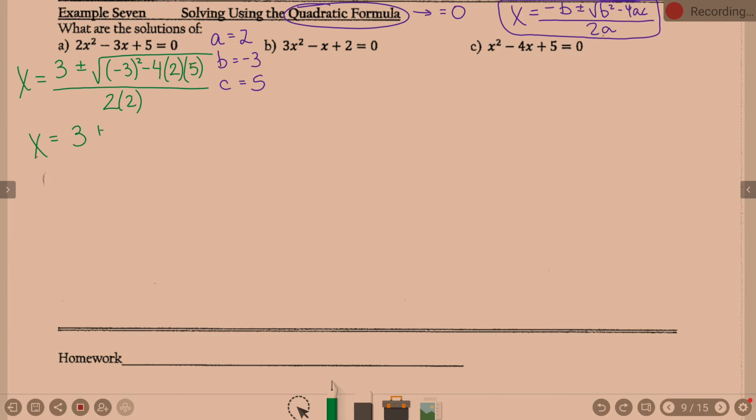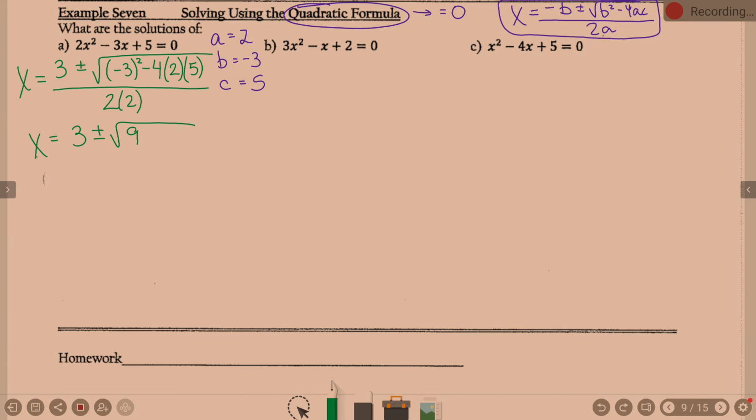Okay. 3 plus or minus. What do you see going on under that radical? Negative 3 squared is, negative 3 times negative 3 is 9. And then 4 times 2 times 5 is 40.